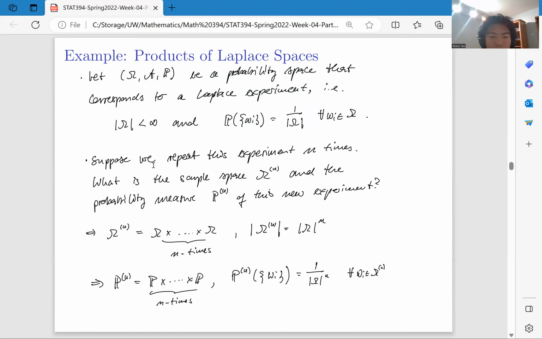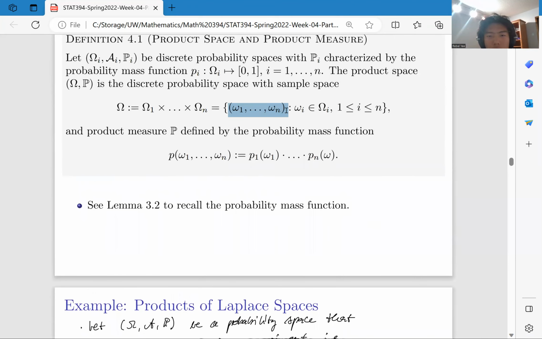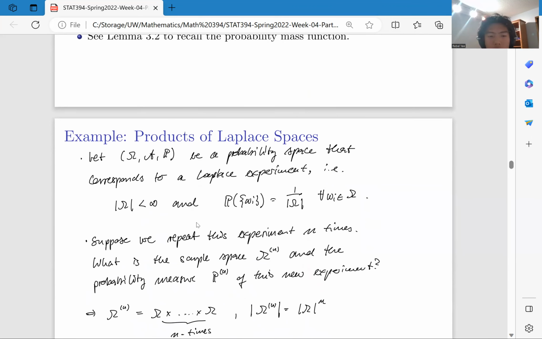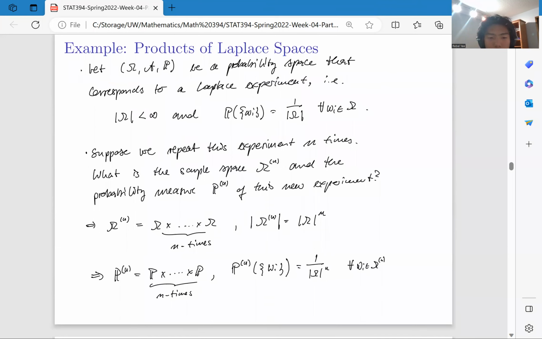So suppose we repeat this experiment n times. Here we have n terms inside this tuple. The sample space will be the n-fold product of the sample space with itself, by the definition of the Cartesian product.